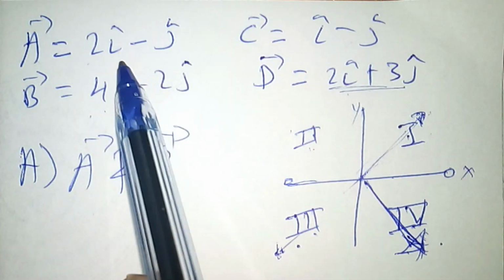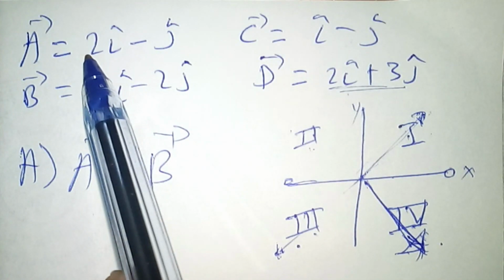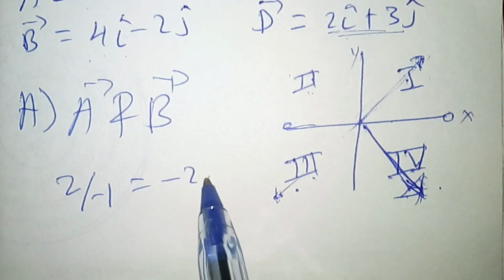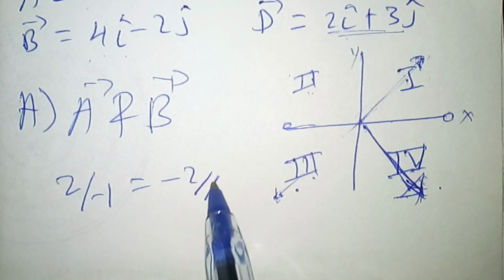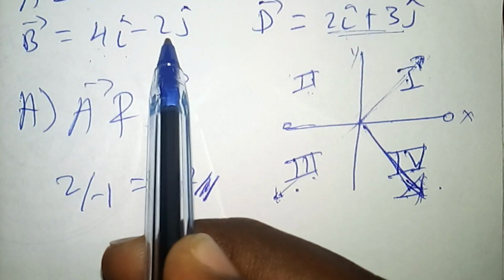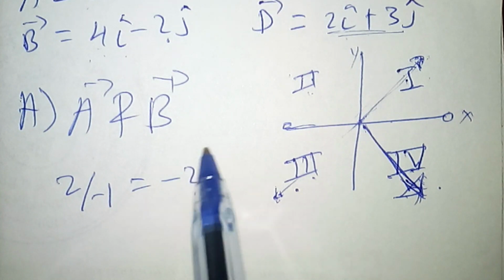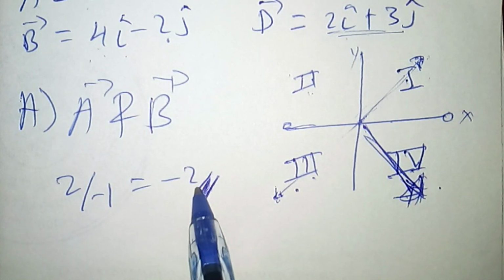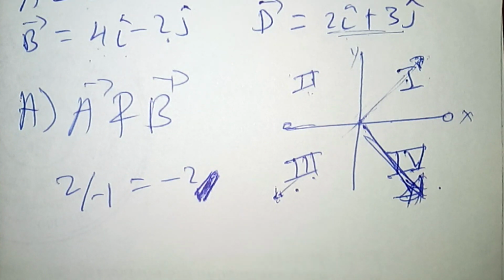The ratio of the components of A, 2 divided by minus 1, gives me minus 2. If the ratio of the components of vector B is also equal to minus 2, then since they exist in the same quadrant and the ratios of their components are equal, they are said to be collinear with each other.